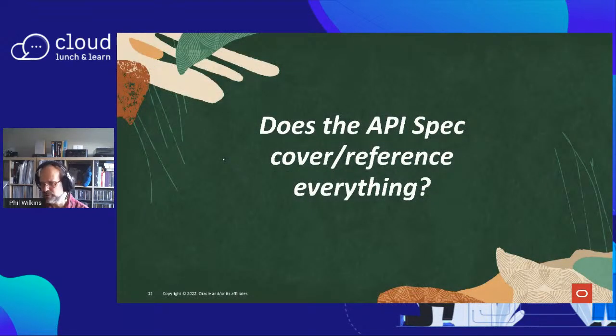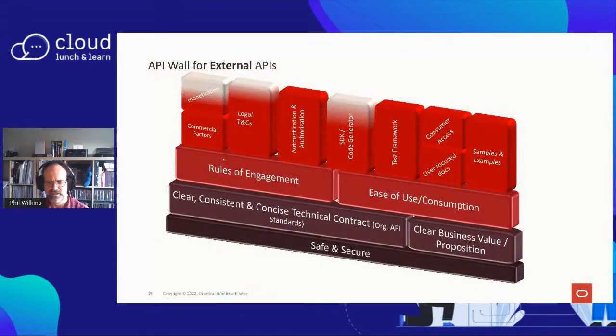But does the API spec cover everything? I would argue no, and let me show you why. One of the things I found really helpful over time is to convey the totality of what we want and need to use within the API landscape.